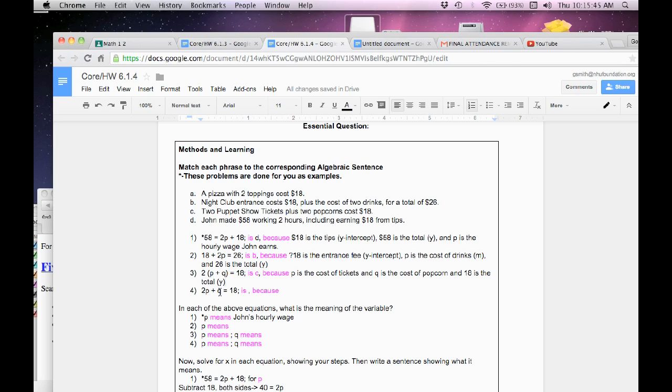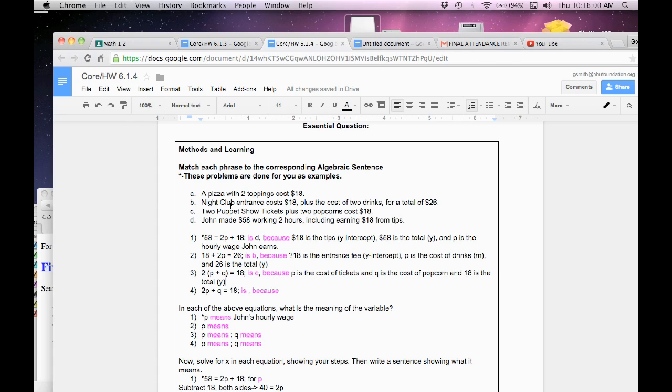And last, 2P plus Q equals 18, so that's 2 of something plus something else equals 18. So P would be the slope, the M, Q would be the y-intercept.